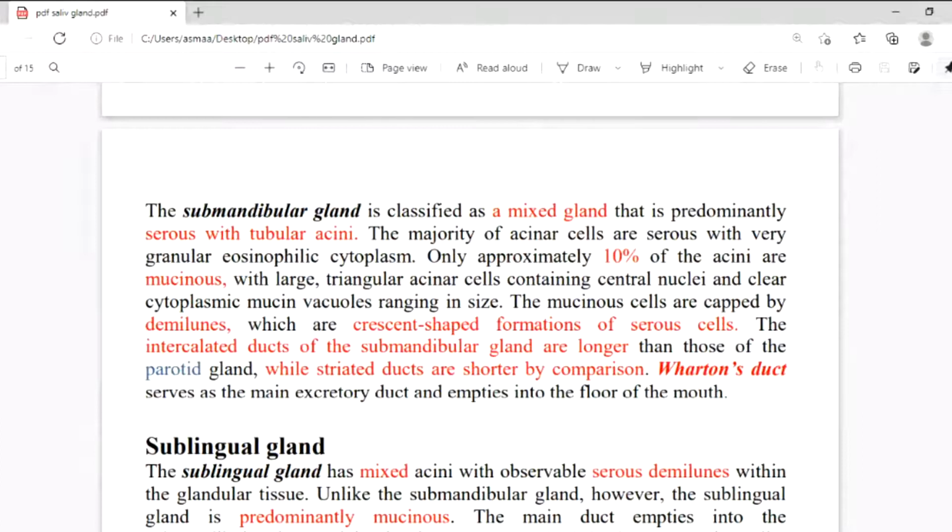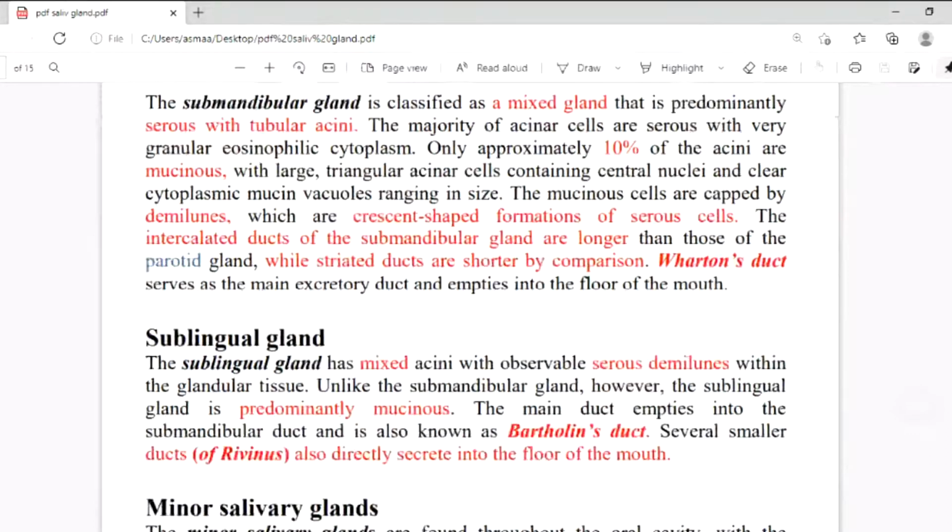The majority of acinar cells are serous with very granular eosinophilic cytoplasm; only approximately 10% of the acini are mucinous, with large triangular acinar cells containing central nuclei and clear cytoplasm, with mucin vacuoles ranging in size.